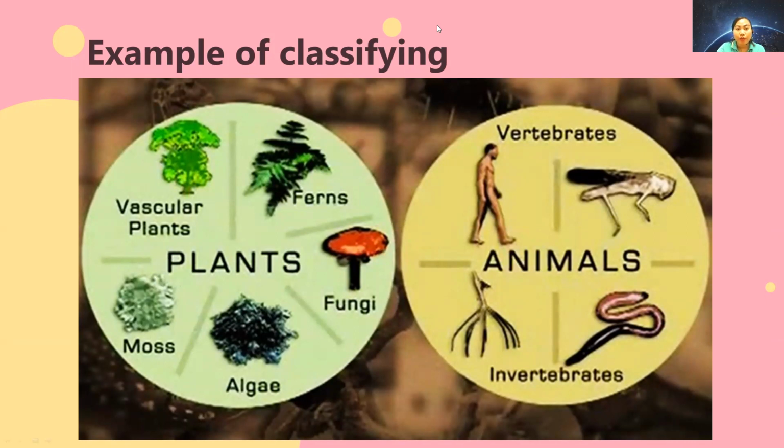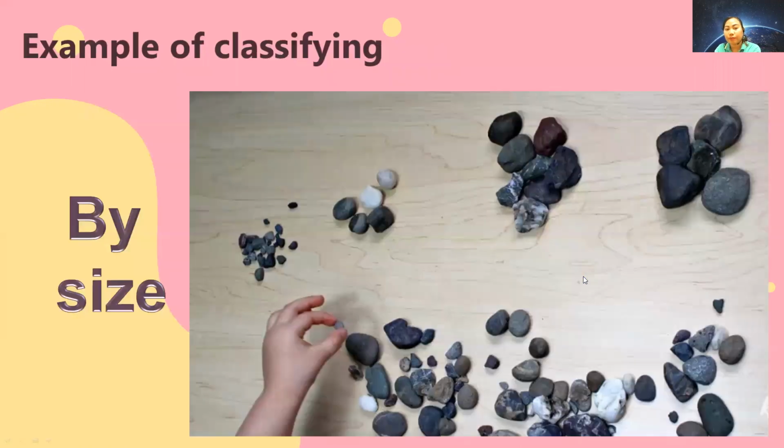Okay, so next we have classifying by size. This is an example. Very small, small, medium, and large. We classify the stones or the rocks according to their sizes.